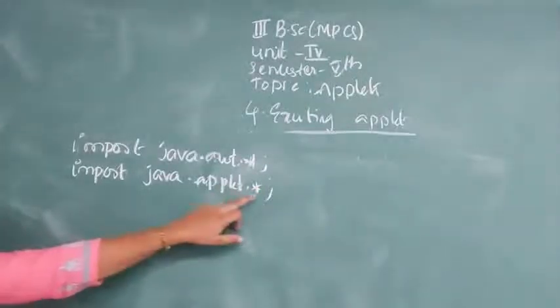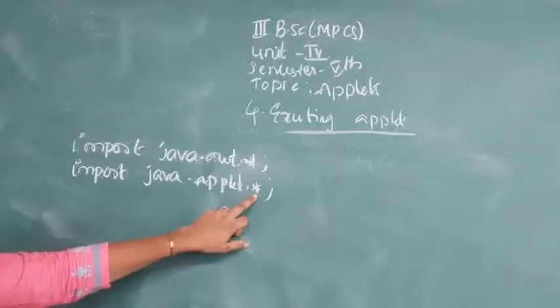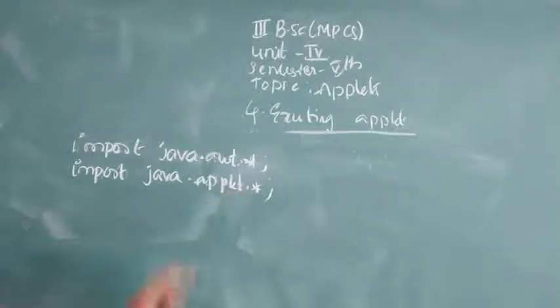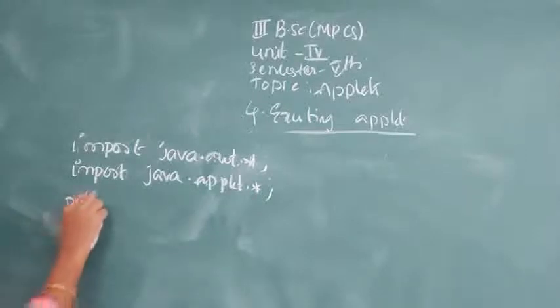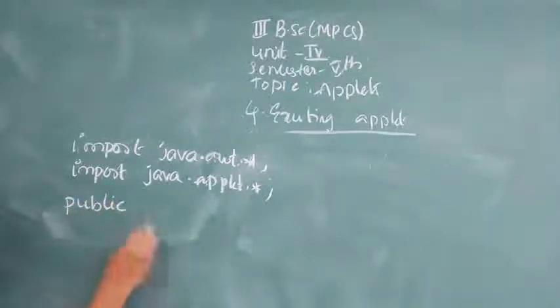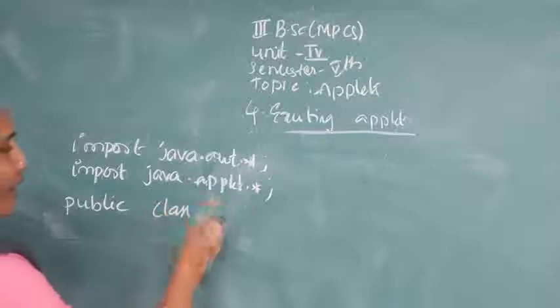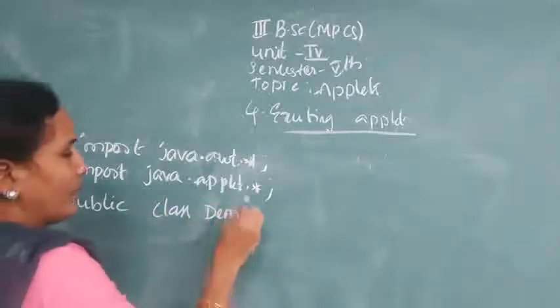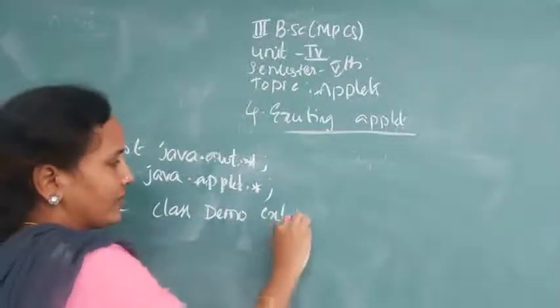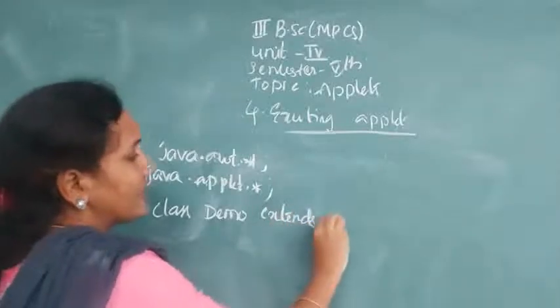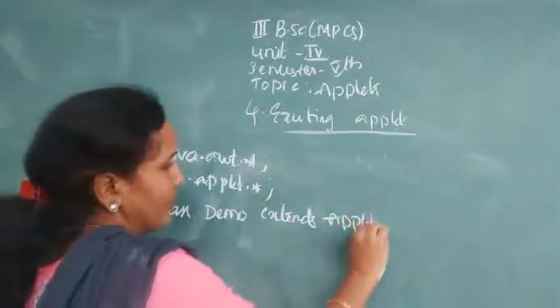Here I am giving an asterisk, meaning we are including all the classes of this package. Next, after this, you need to create a class: public class Demo extends Applet class.